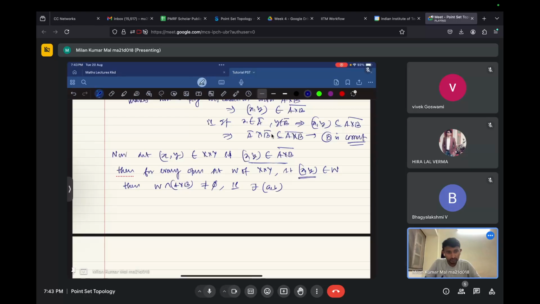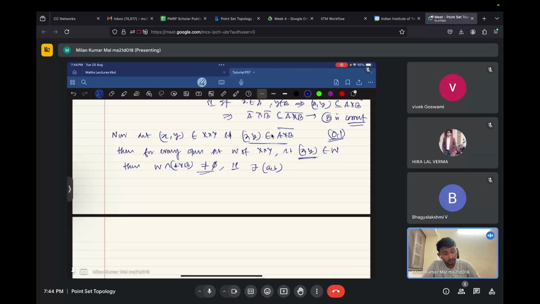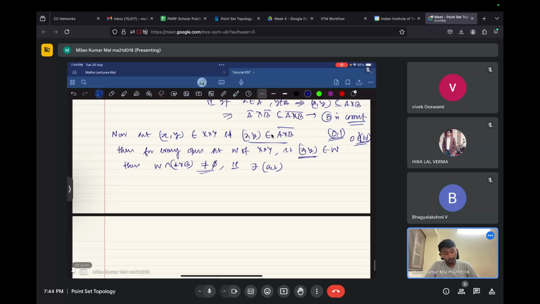But non-empty means there should exist some point. That point need not always be (x, y), but it can be (x, y). How am I saying this? Suppose I take the open interval (0, 1). Then 0 is not in the open interval (0, 1), but every open neighborhood of 0 makes a non-empty intersection with (0, 1).